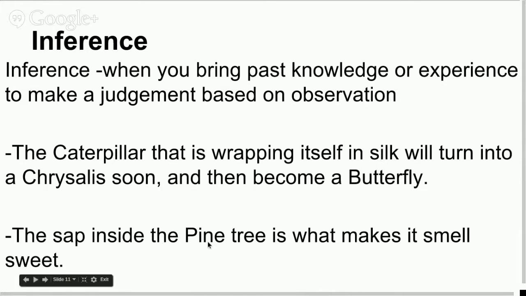The sap inside the pine tree is what makes it smell sweet. So the reason ponderosa pines smell good is because of their sap. If you've ever touched a pine tree and gotten sticky stuff on you and it smells really sweet, that's the sap inside. You wouldn't know what sap was unless you had experienced it before or you had past knowledge.